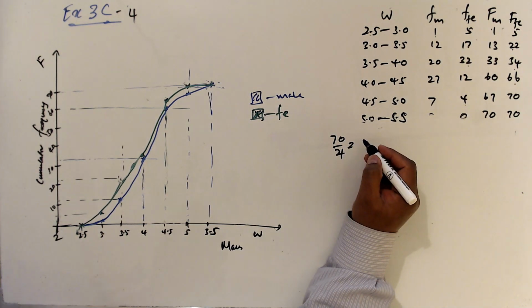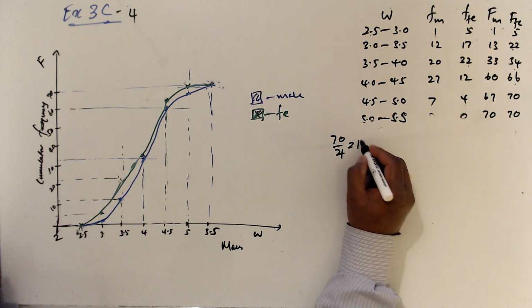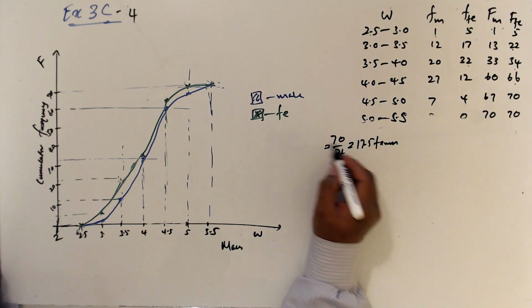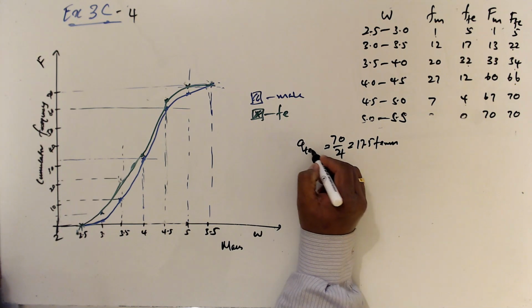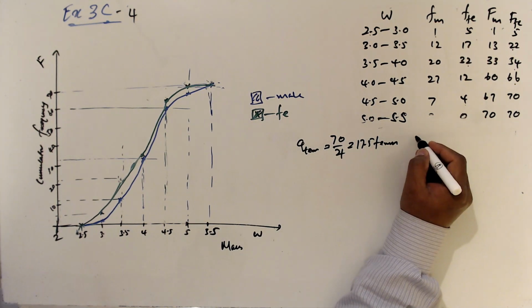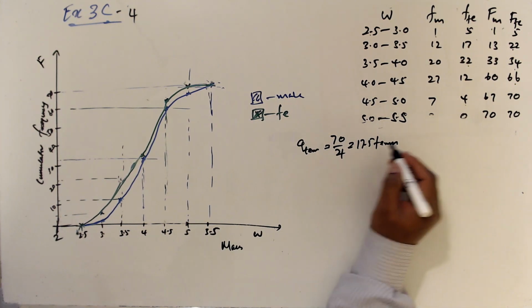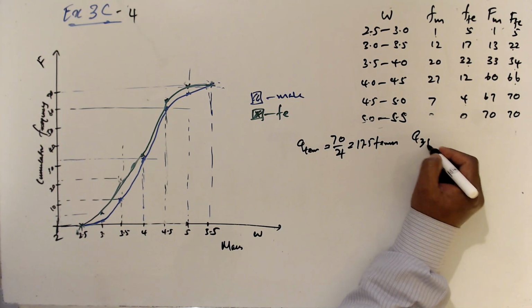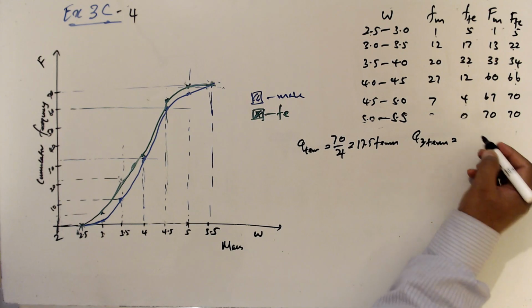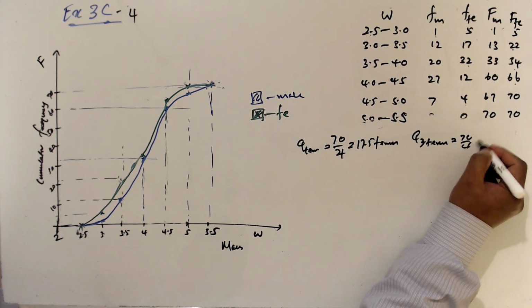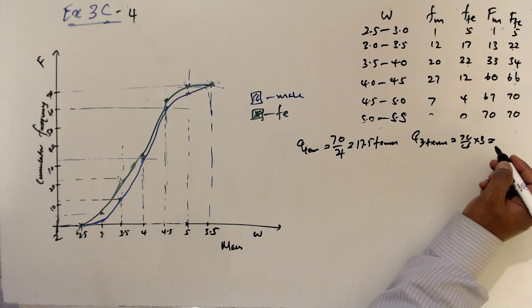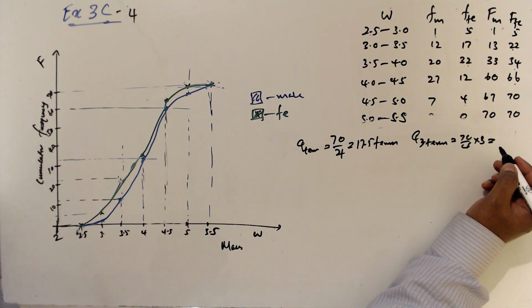This is going to be the 17.5 term, that is the Q1 term. The Q3 term is 70 divided by 4 multiplied by 3, which is 52.5.